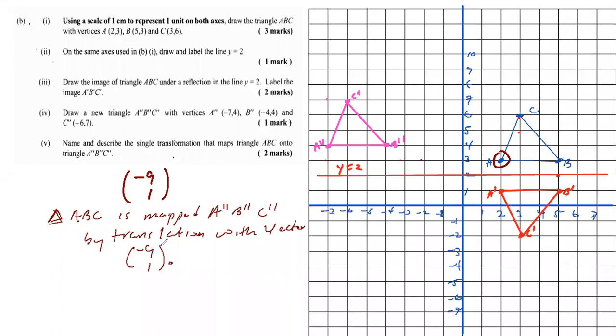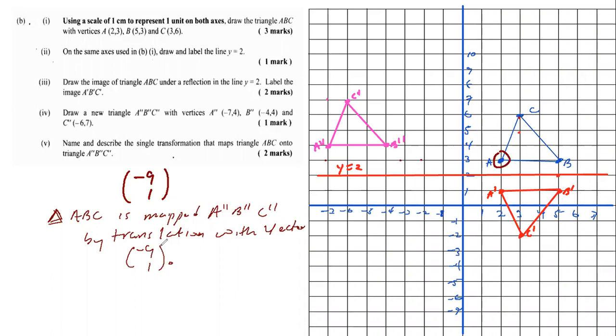If you put negative 9 and 1, you just have to make sure that you write that triangle ABC is mapped onto A double prime, B double prime, C double prime by translation with the vector negative 9 and 1. Do you have to use A, or can you use any other point as well?